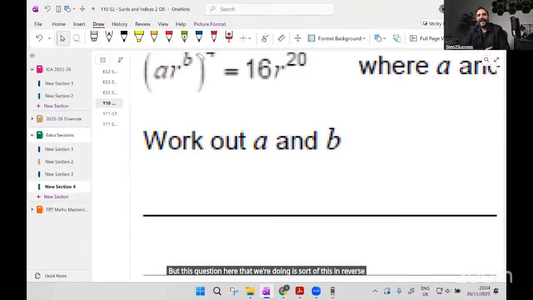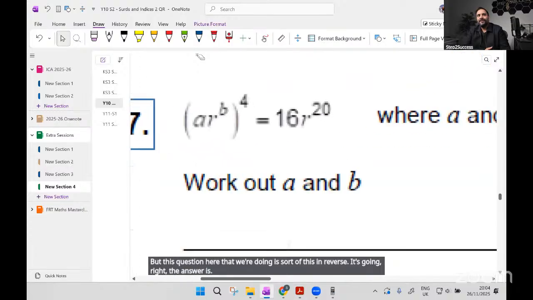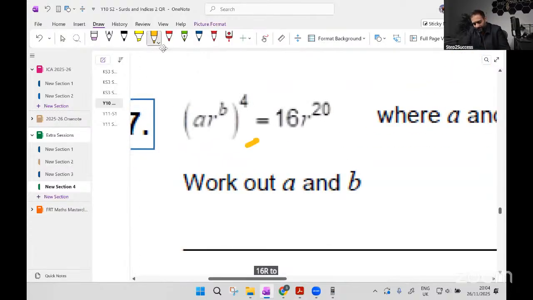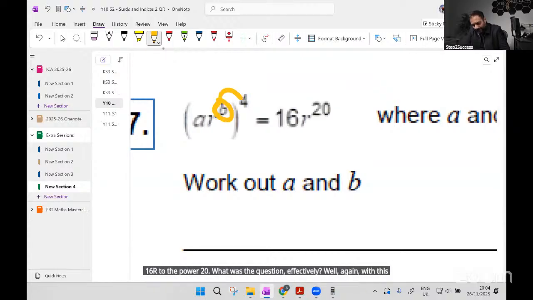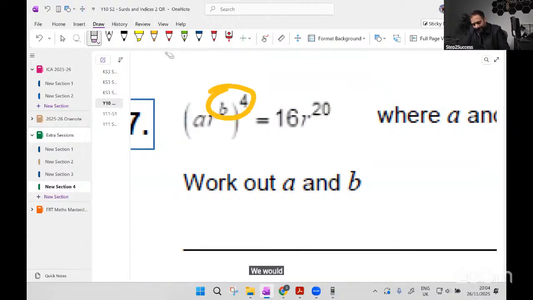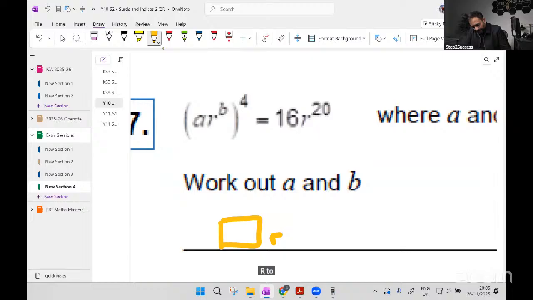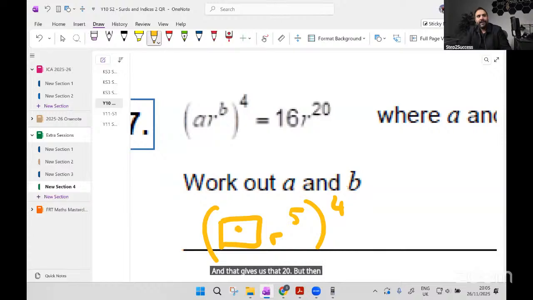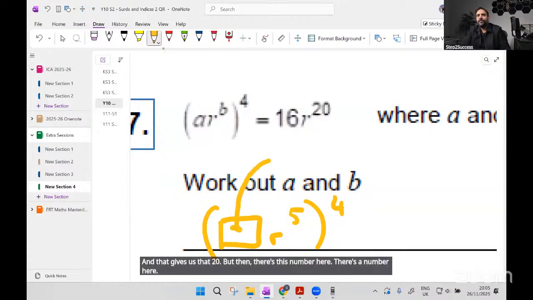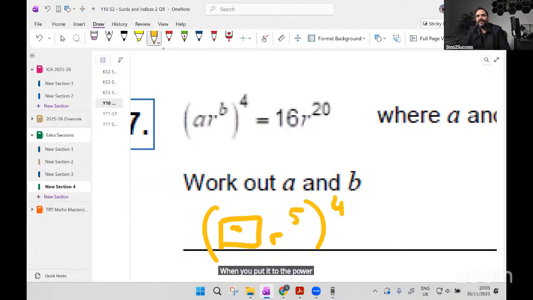It's going, right, the answer is 16r to the power 20. What was the question, effectively? Well, again, with this power and this 4, we would multiply them together, and they've given us 20. So that means it's definitely something r to the power 5 outside, and that gives us that 20. But then there's this number here. When you put it to the power 4, you get 16.